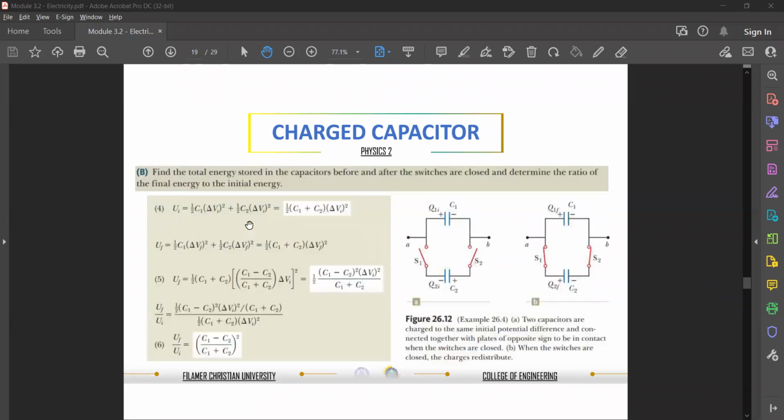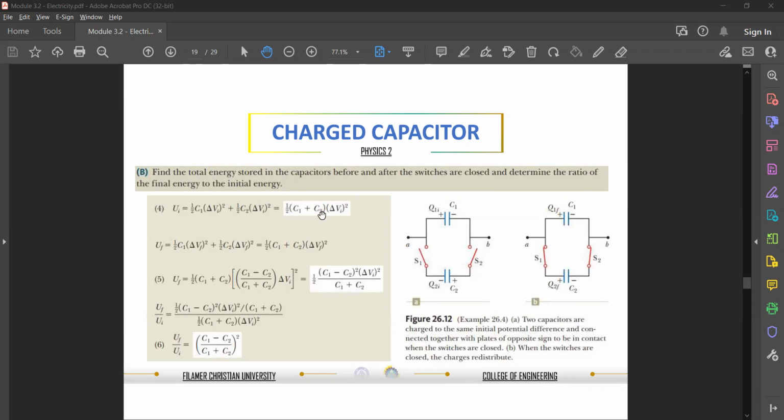Next, we have to find the total energy stored in the capacitors before and after the switches are closed, and determine the ratio of the final energy to the initial energy. So i-compare natin yung final energy to the initial energy. So we have here the formula that is for the initial, and for the final we have here ito.